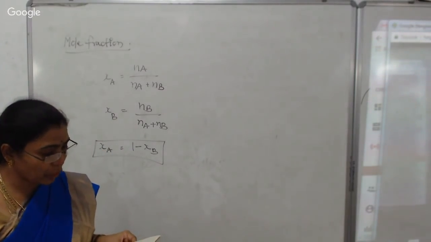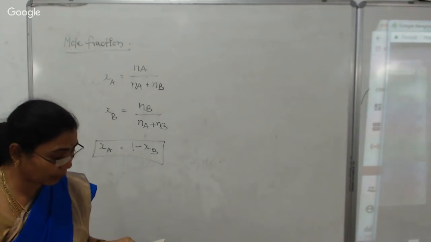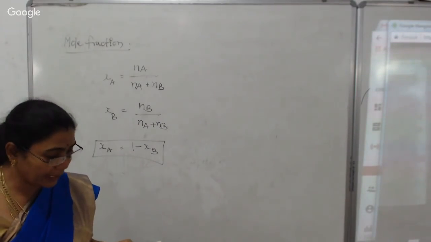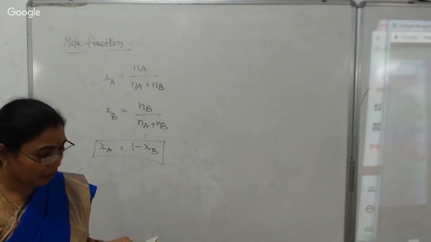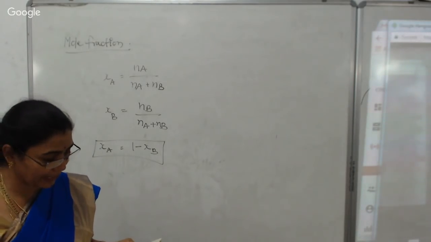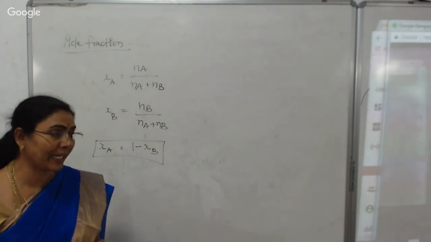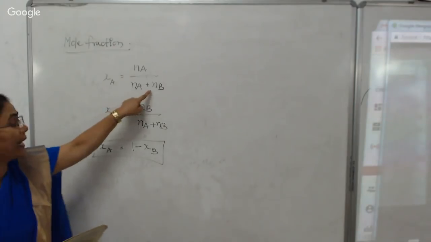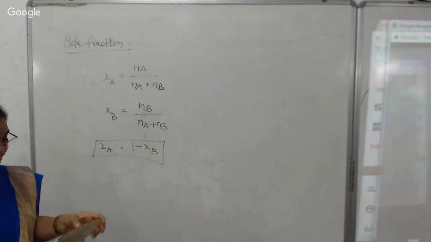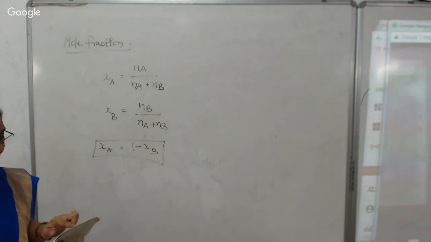It is the ratio of the number of moles of a particular component to the total number of moles of the solution. If a substance A dissolves in substance B and the number of moles are Na and Nb. Please underline, children: what are Na and Nb? Na and Nb are nothing but the number of moles.